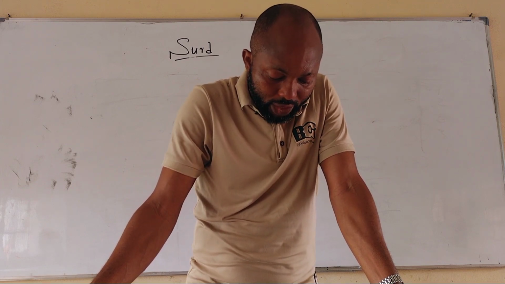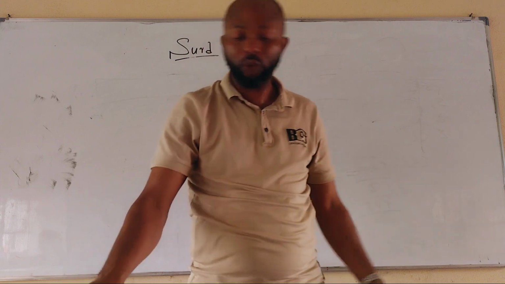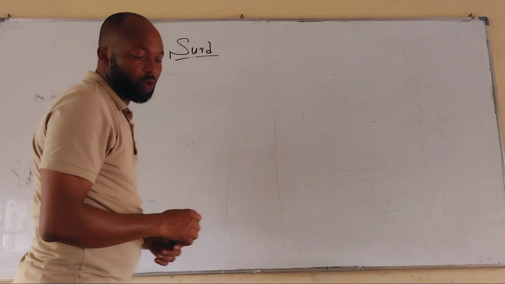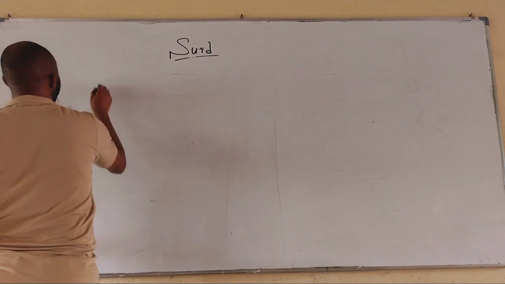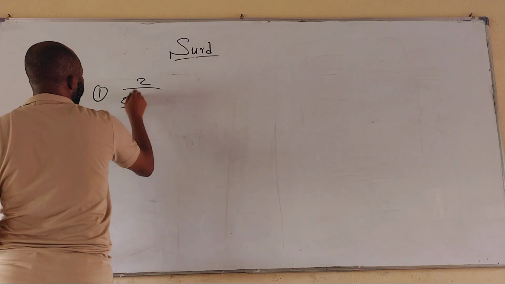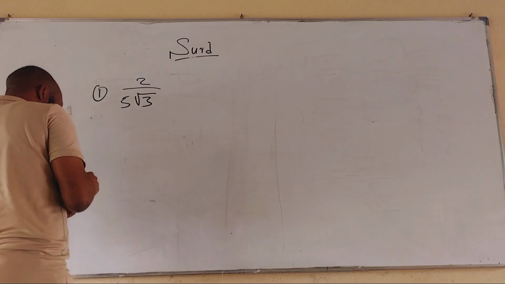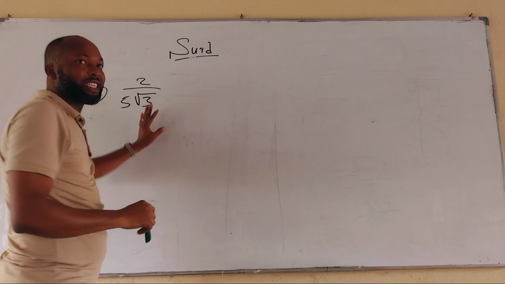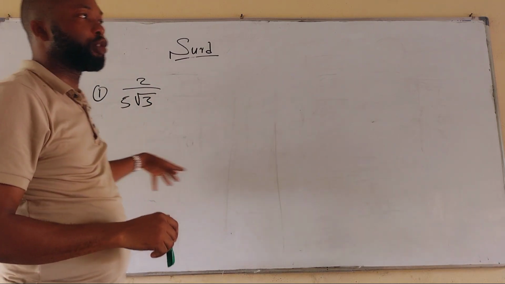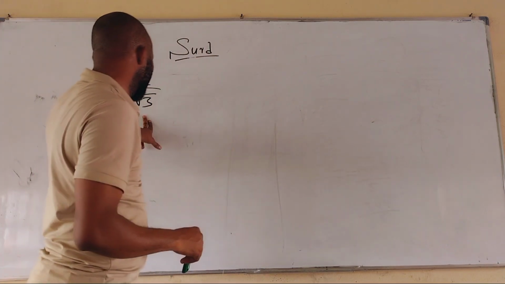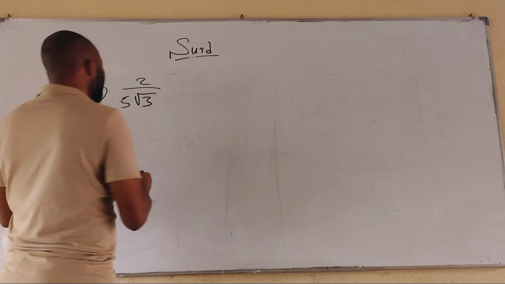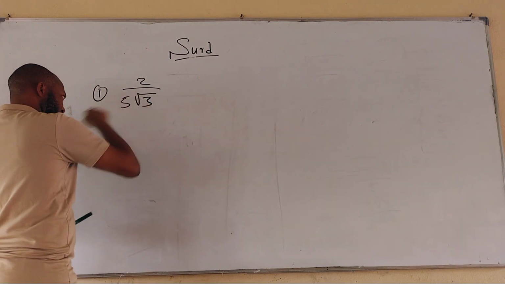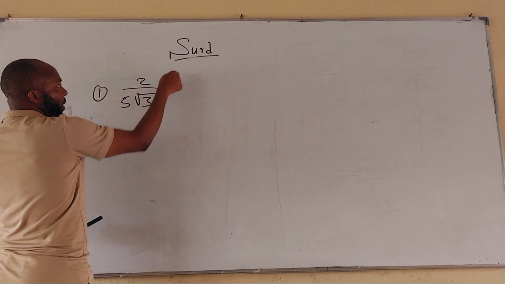So let's start with the easiest one: 2 over 5 root 3. In surds, once you have a root sign at the denominator, which is irrational, you must remove it. To rationalize, you multiply this root sign both up and down.